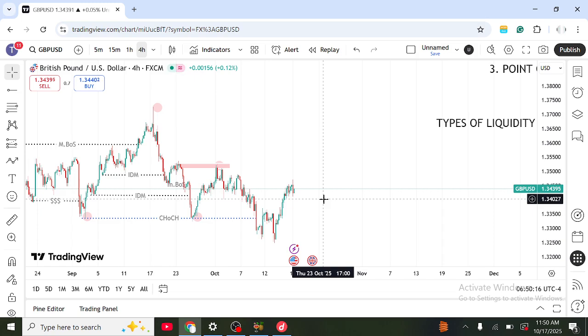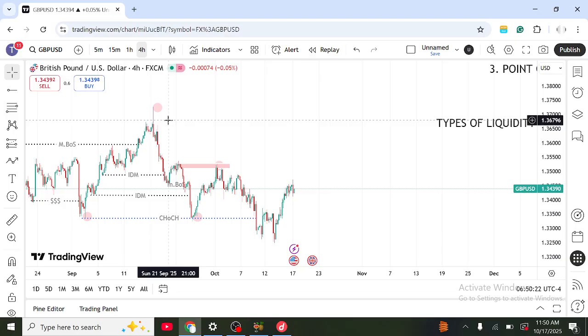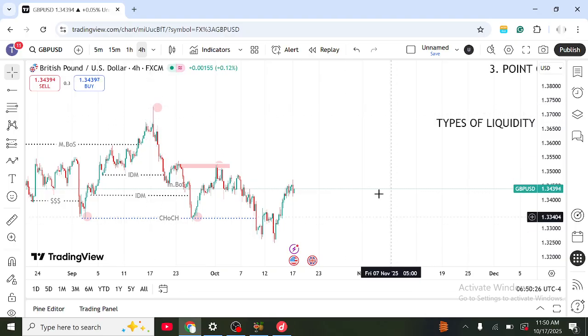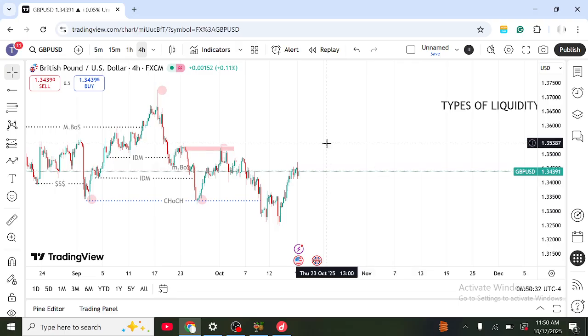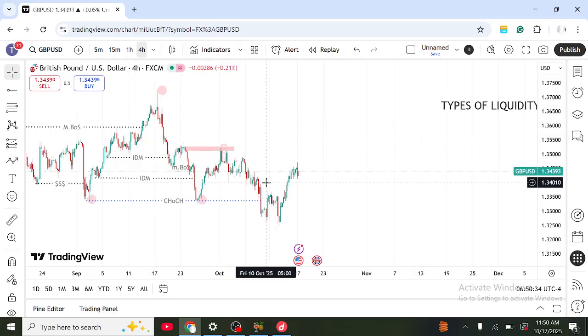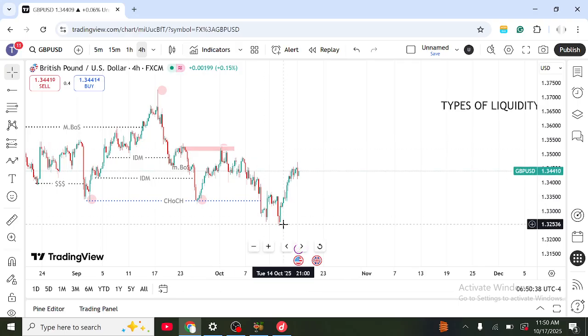So the balanced understanding of that school of thought is that we have more liquidity in this area than we have in this new area where price has not gotten to. So let's just assume that this is all the charts in 2025, okay, and price has not passed this high and has not passed this low.